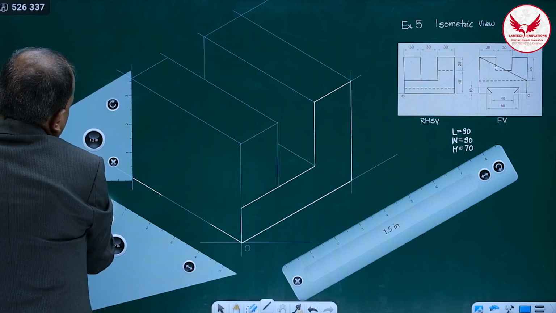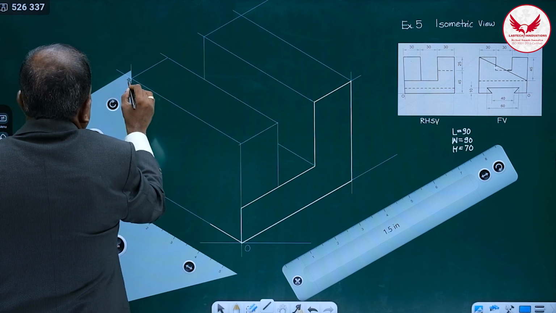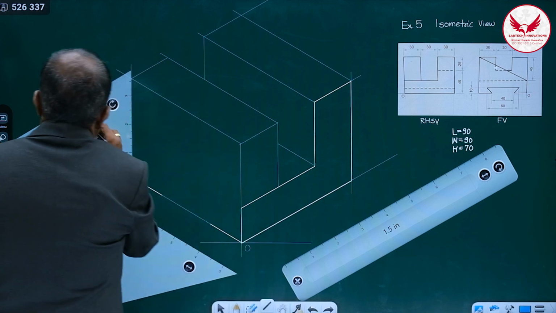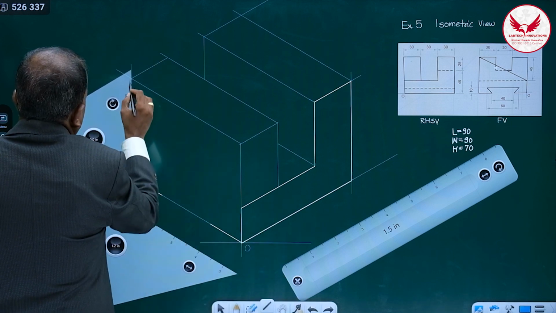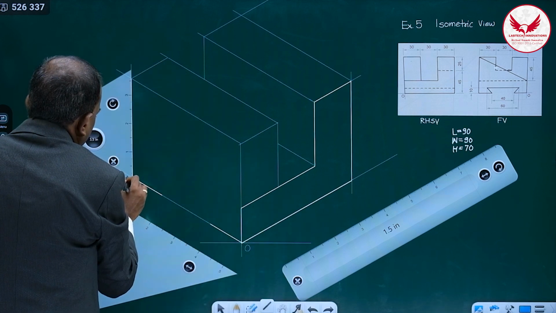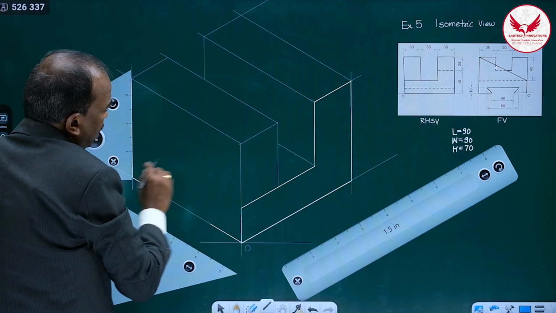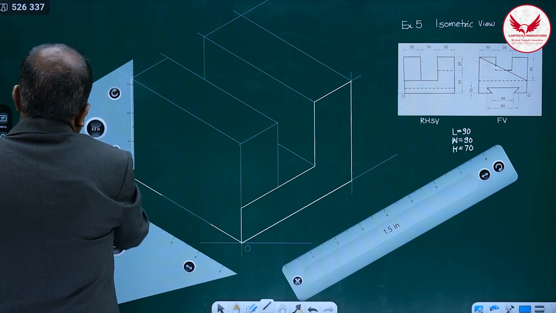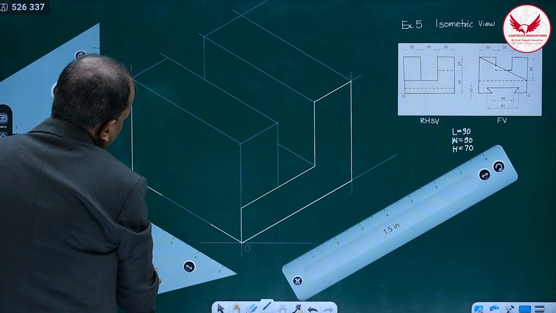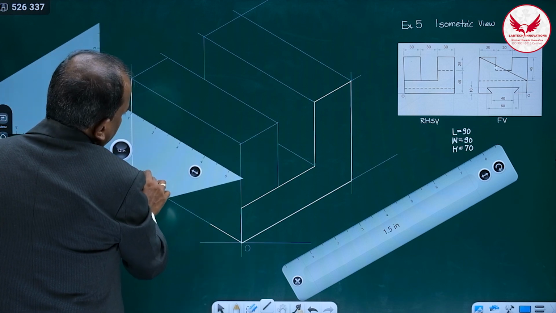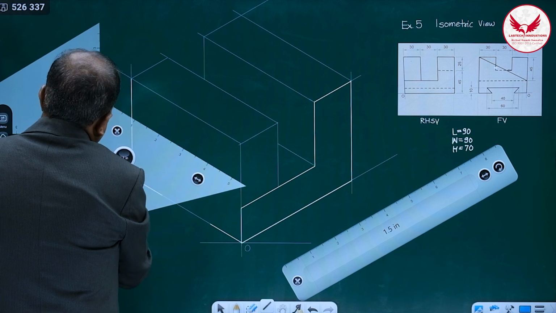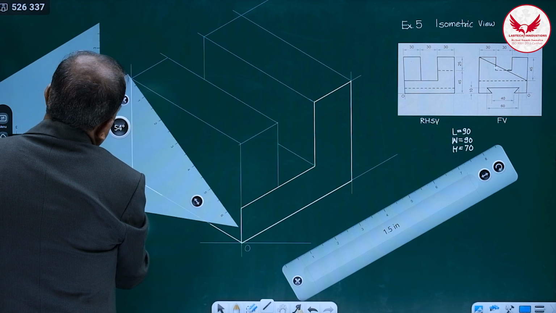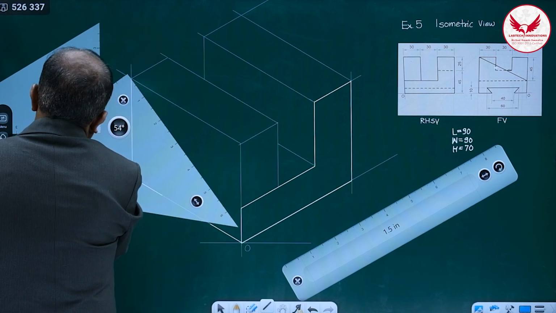70, that also we can mark. It is 70. You observe properly the front view, and from that straightaway there is a slant line from this point to this point.